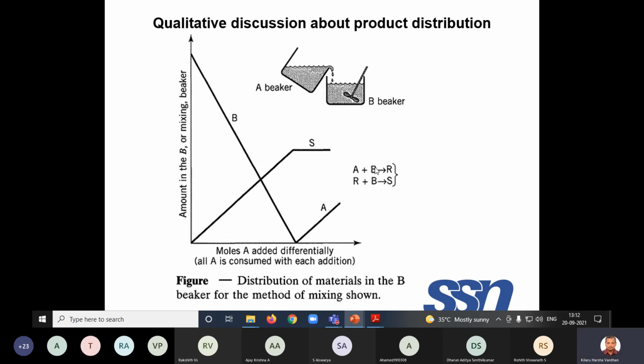Then it reacts with B because B is in excess. Then it gives you S. Correct. So you can see B concentration is going down. R concentration is increasing. Again, it reaches a steady state because again it decomposes to give you S.